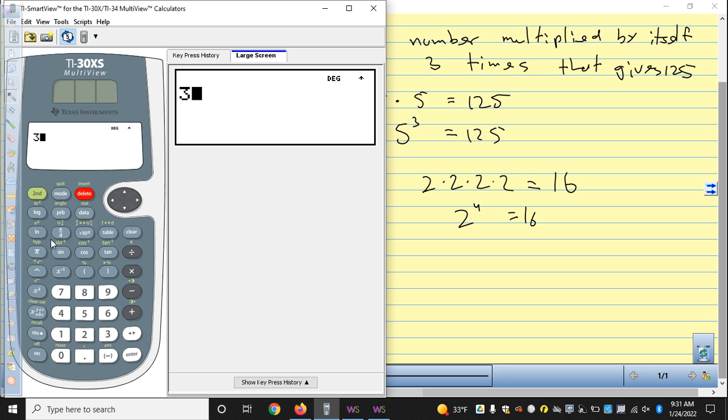Above the up arrow here, it says x and then kind of a square root. We want that symbol. So this 3 and an x, this means we're doing the third root. And then we're going to do 343. And we hit enter, and the calculator tells us that's 7.